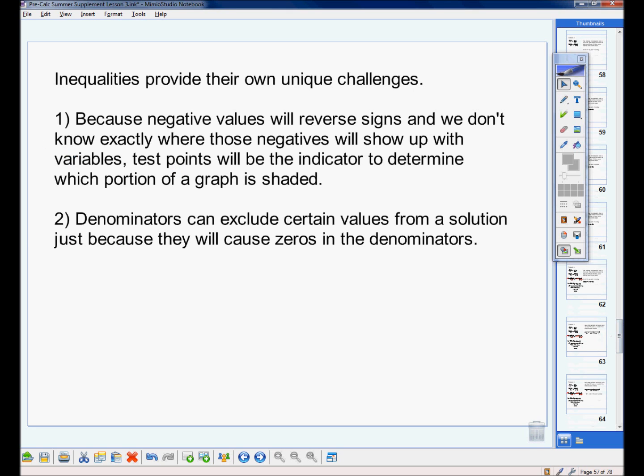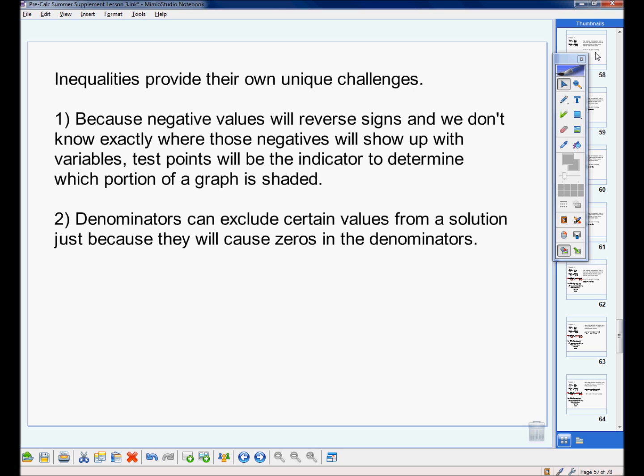So we're going to look at a series of steps to help you solve these inequalities, and just bear with me. I'm only giving one example, but all the steps will be the same.